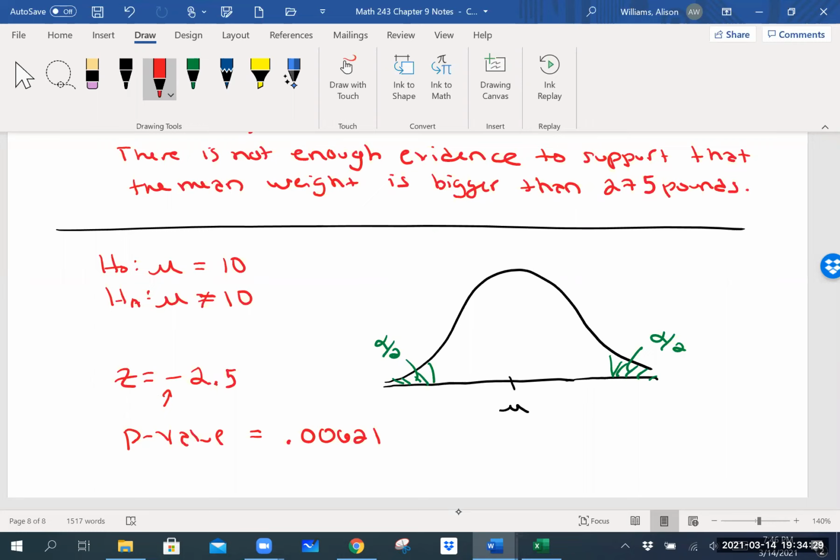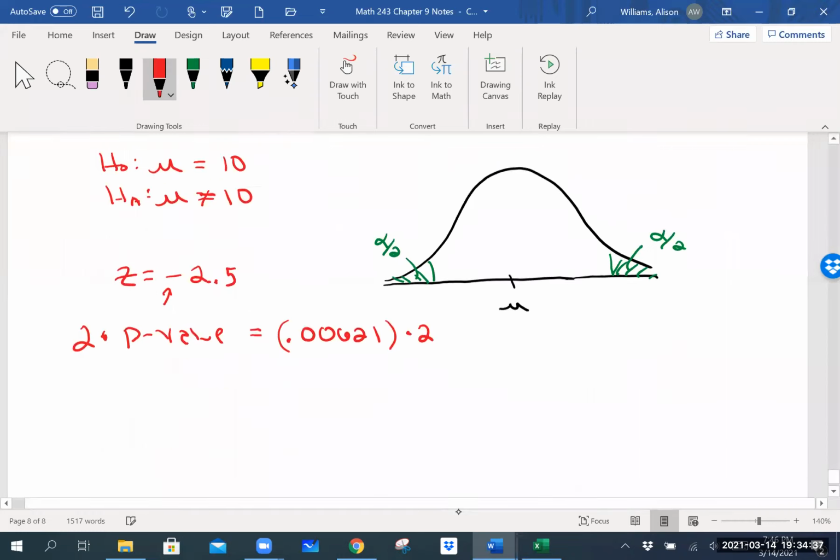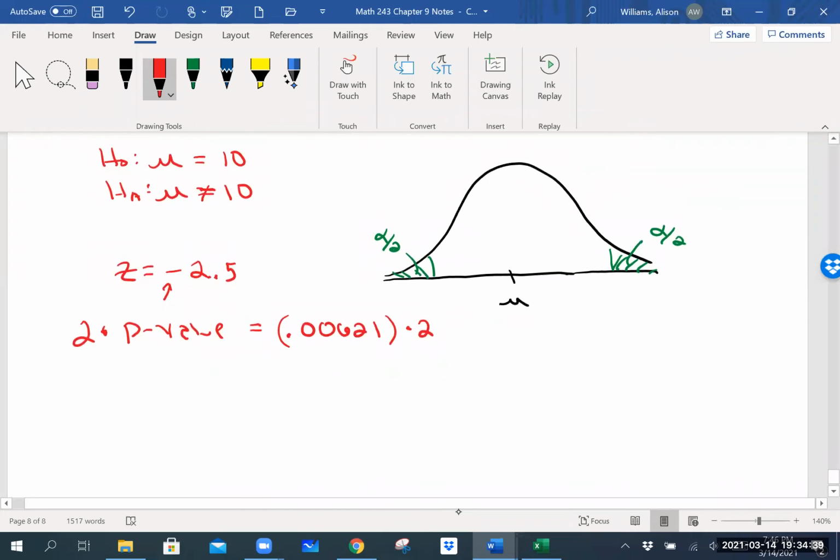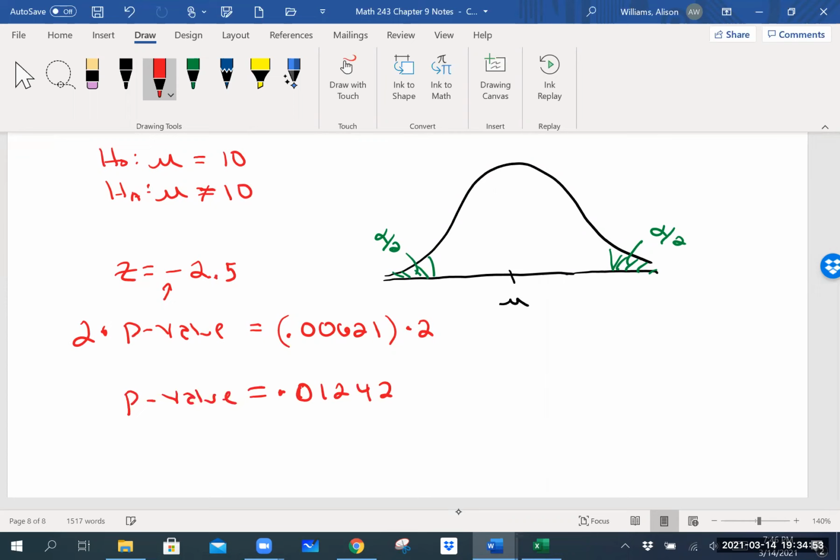What we actually have to do is multiply the p-value by 2 because this thing is two tails. So our p-value is actually going to be 0.00621 times 2, 0.01242. And that is the p-value that we would compare with alpha.